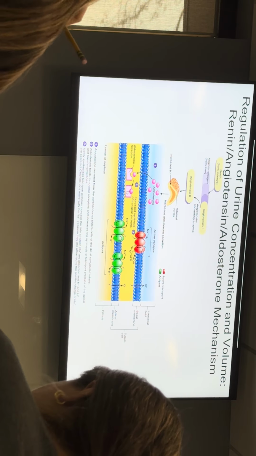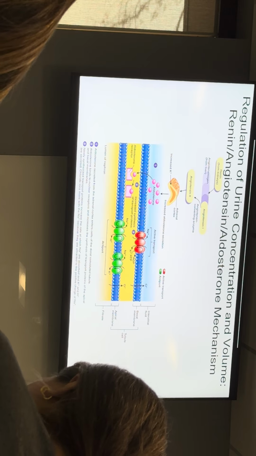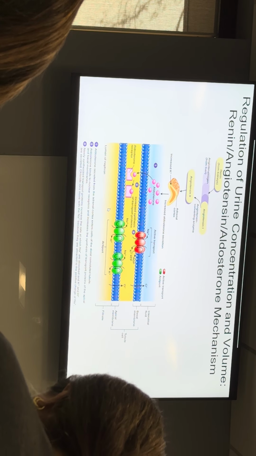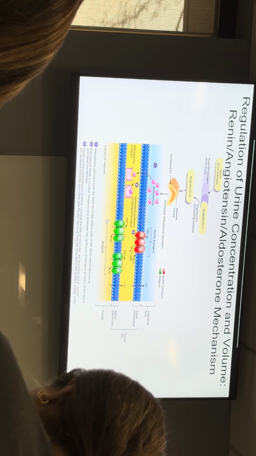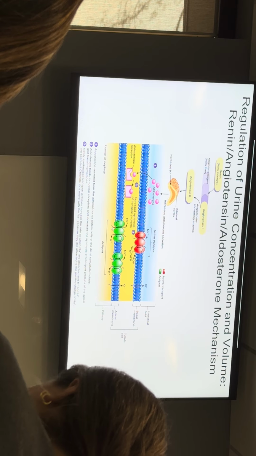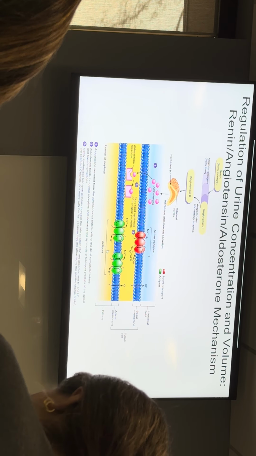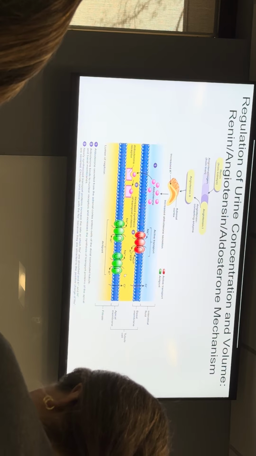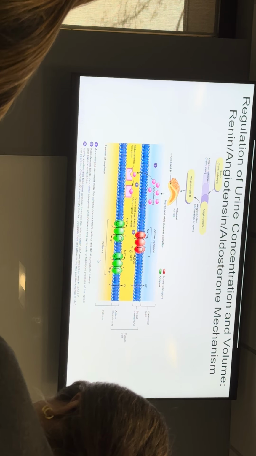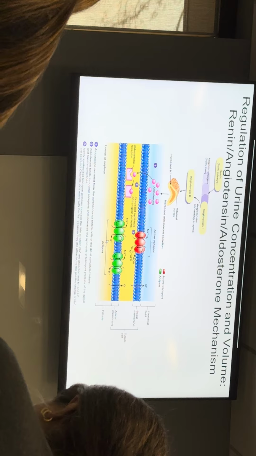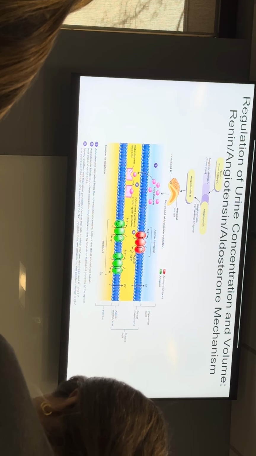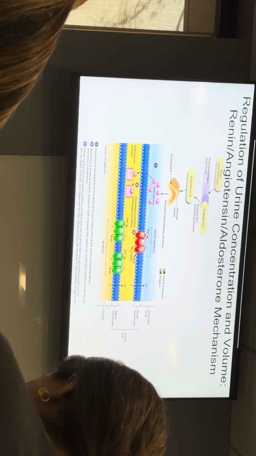So once you have aldosterone present, the next day you'll exchange, you'll take in sodium from your filtrate and add acid, add hydrogen ions. You'll take in sodium from your filtrate and you'll add potassium ions. So this does make you pee out more hydrogen and potassium, but those are things that you actively secrete normally anyways.